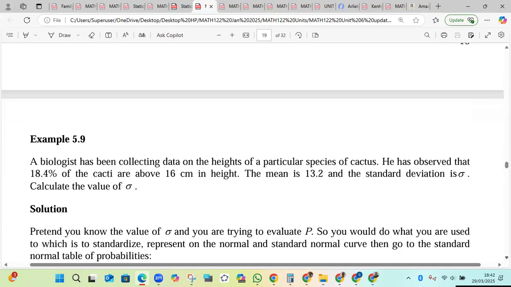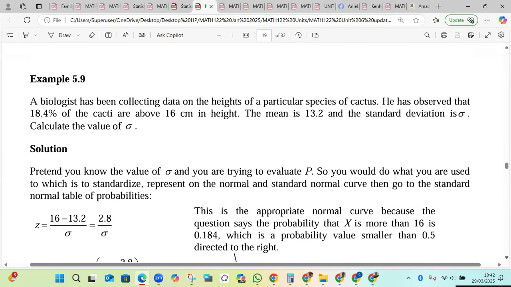Okay, let's see what example 5.9 looks like. Here you have 18.4%. So that's a tail, 0.184, and above is a right tail. Where is the mean?